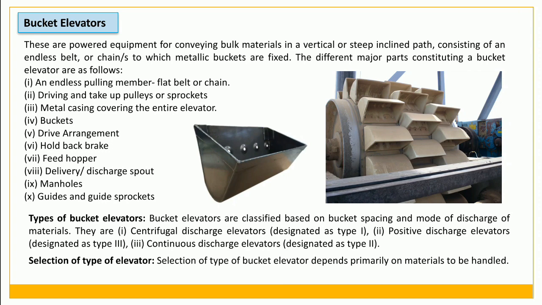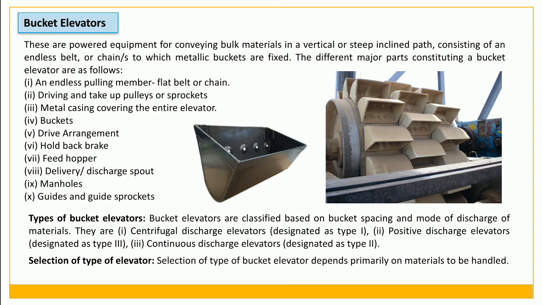Now, when we select the bucket elevator, we have to select depending on the materials to be handled. There is an IS code which indicates the type of elevator you can choose depending on what material you need to move, what the bulk density of the material is, as well as whether you need to use a belt or chain.